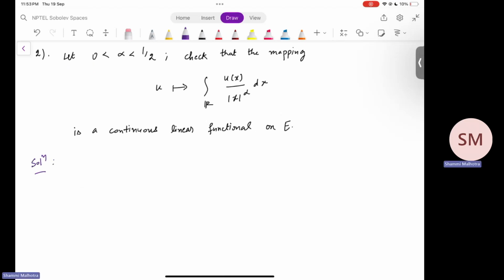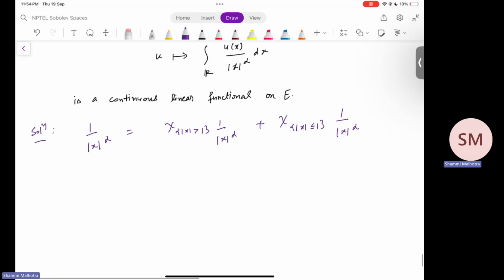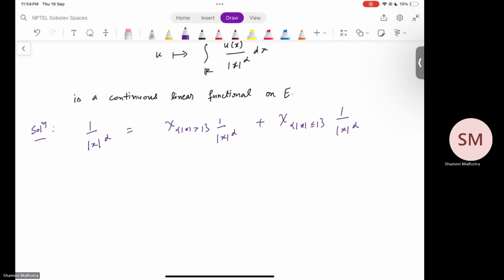This actually follows directly from part one. You can see that I can write this thing as the characteristic function of |x| greater than 1 times 1 over |x|^alpha, plus the characteristic function of |x| less than or equal to 1 times 1 over |x|^alpha. So this I write as f1 plus f2.